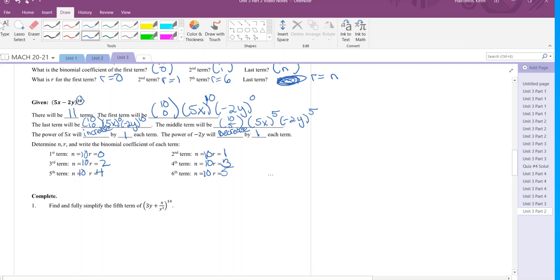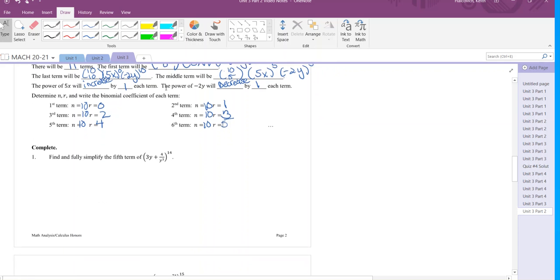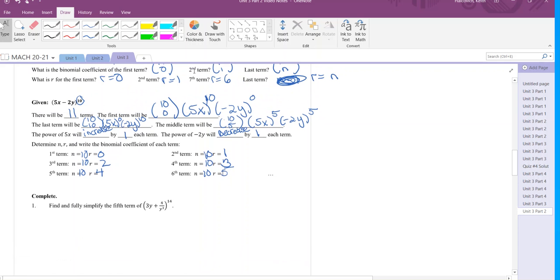All right, so if you're trying to find a specific term, like in this case, you're trying to find and fully simplify the 5th term of 3y plus 4 over 3y to the 14th. So that means n equals 14 and r equals 4, because for the 5th term, r is equal to 4.